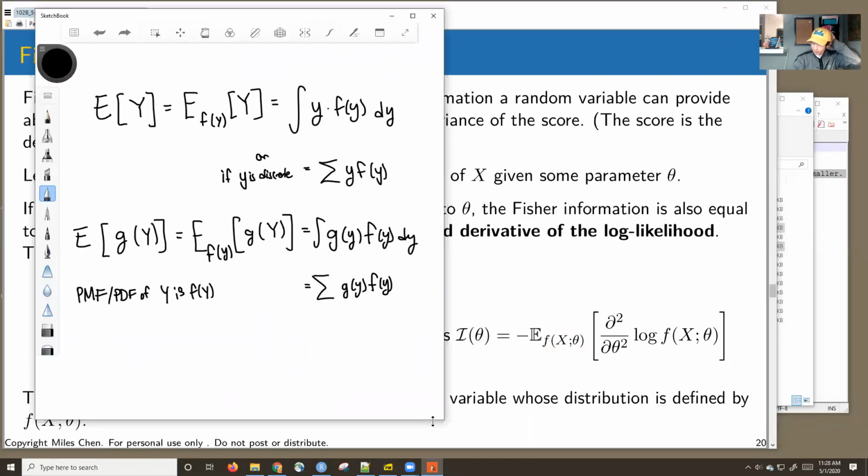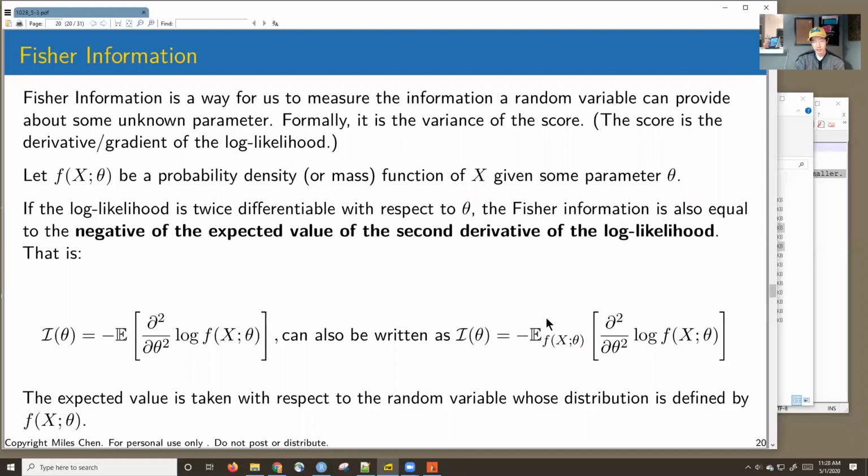For the other lecture, just a quick review of what expected values are. The expected value of y, this notation is just a reminder of what the PDF or PMF of y is. So this is the probability function of y.